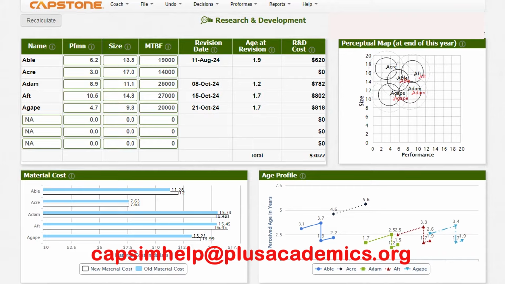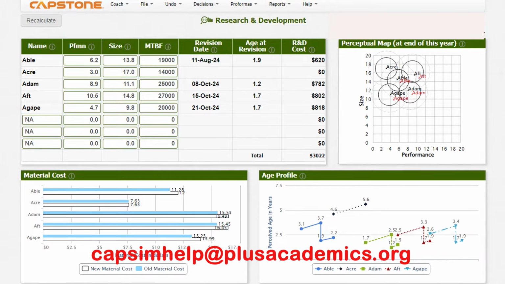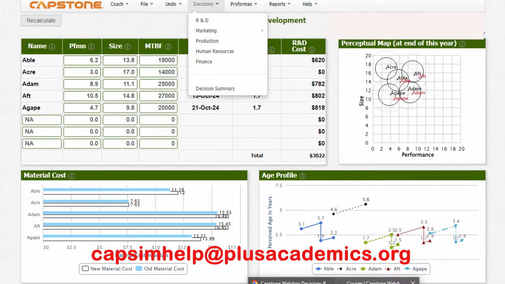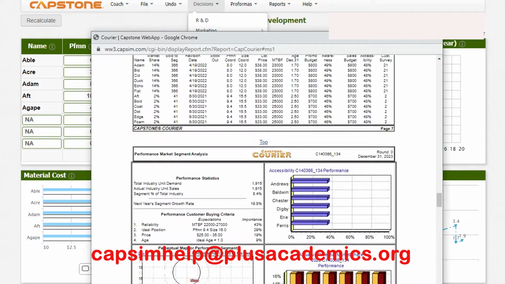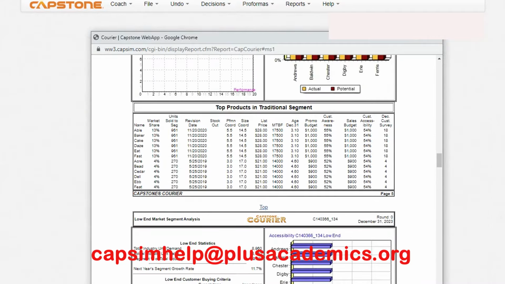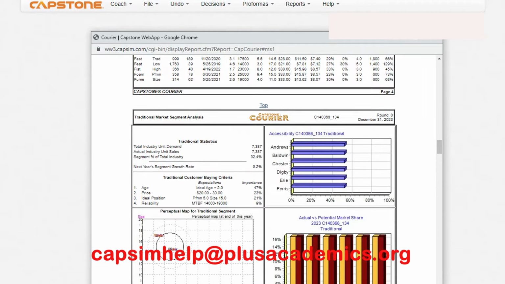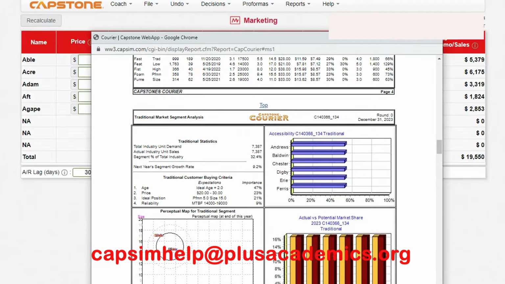Okay, now we are done with R&D. Let's go to marketing, and we'll start with pricing and forecast. Again, before we start doing the marketing, let's go back to the customer buying criteria and understand what customers want. For example, in the traditional segment, we can see a price of between 20 to 30 is the ideal price.